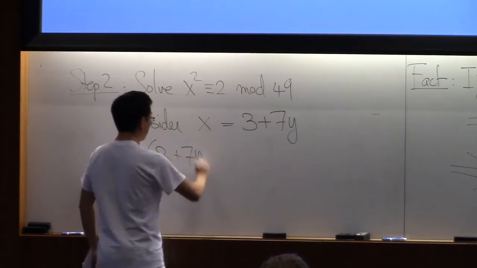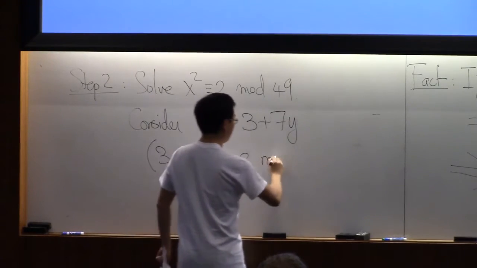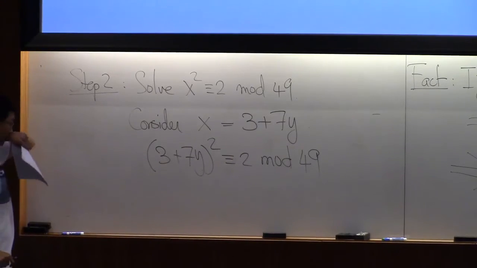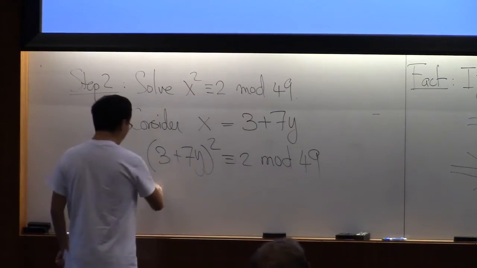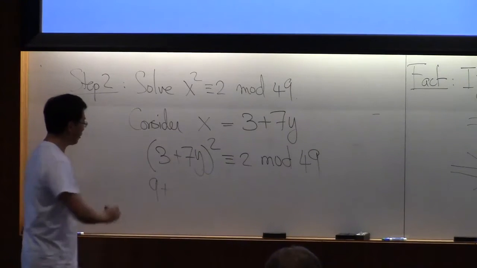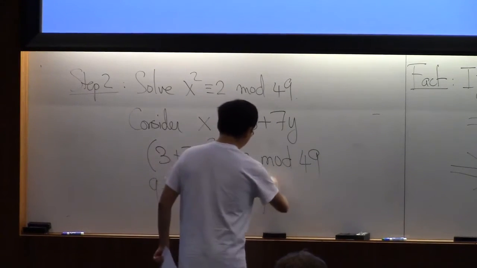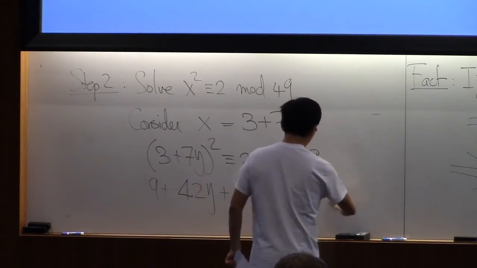So I'm trying to solve this congruence: 3 plus 7y, squared, congruent to 2 mod 49. This is a computation you have to do. You have to multiply out. There's no good way.